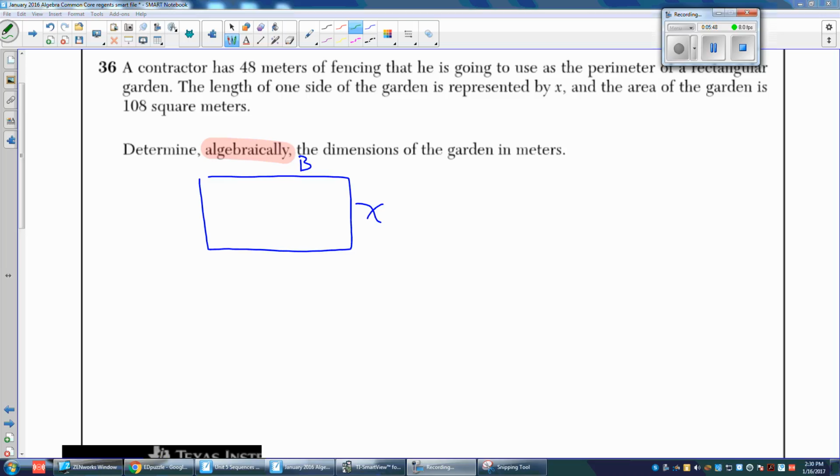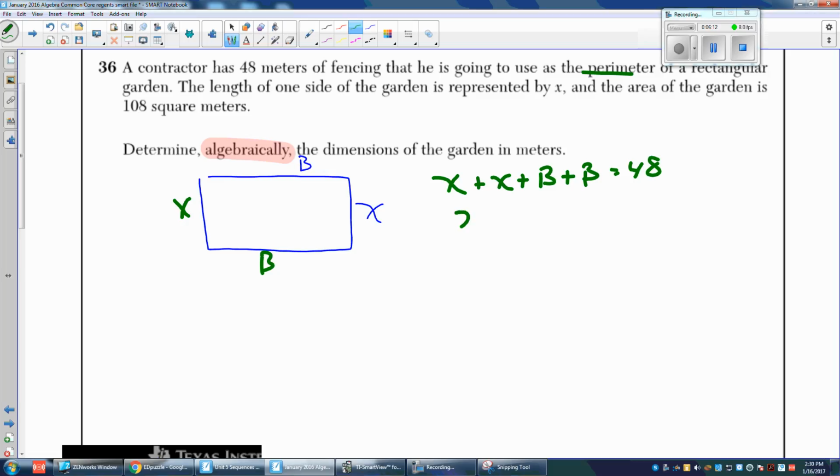And what I know is that if I add up all the sides, x plus x plus b plus b, it has to be 48 meters of fence because that's the perimeter, and that length times width has to equal 108 meters squared.